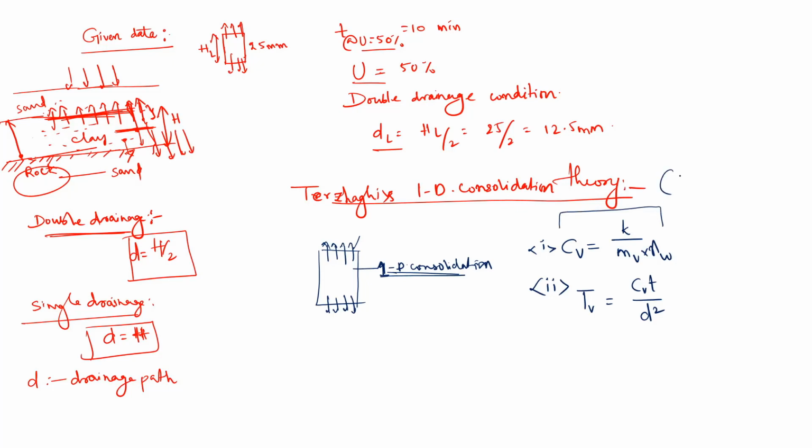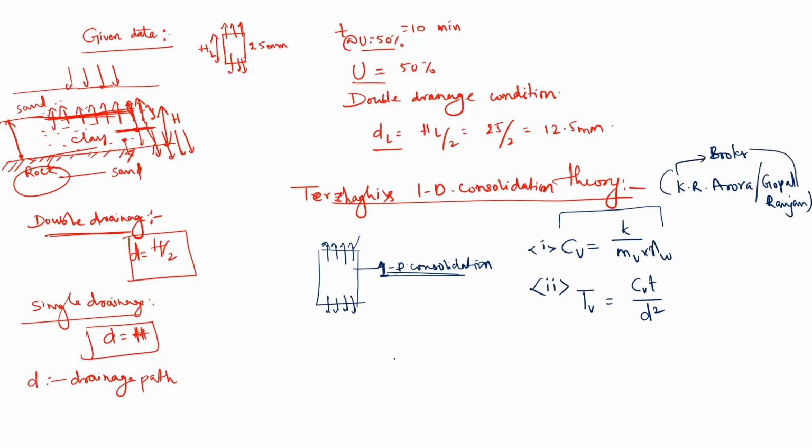You can go through any book, K.R. Arora or Gopal Ranjan. These are books where you can go through the consolidation equation. Okay, so in that you will come across it.